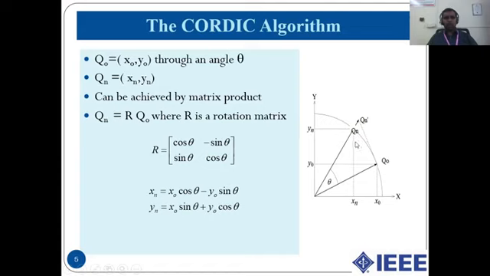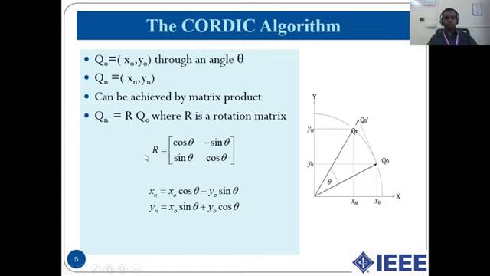This Qn can be achieved by a matrix product, where R is a rotation matrix, which when multiplied with Q0 gives us Qn, that is Xn, Yn. Here the matrix that we have identified to find the product with Q0 is R equal to cos theta, minus sin theta, sin theta, and cos theta.